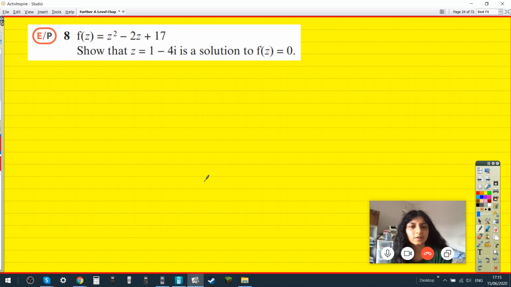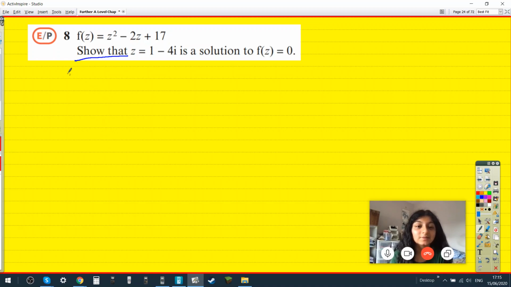Wouldn't you just solve it, because it's equal to 0, so you just have to solve it? Yeah, the calculator gives you 1 plus 4i and 1 minus 4i. 0 marks.